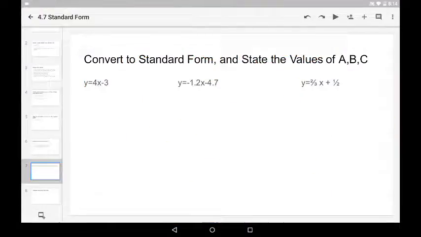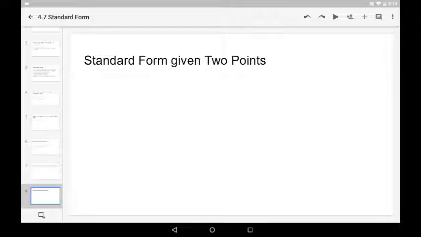So the last step here is if you're given 2 points, how do you find the standard form of the equation? Well, in yesterday's work you were given 2 points, and you used those points to find the slope-intercept form of the equation, y equals mx plus b. So you basically do the same thing. You use the points.